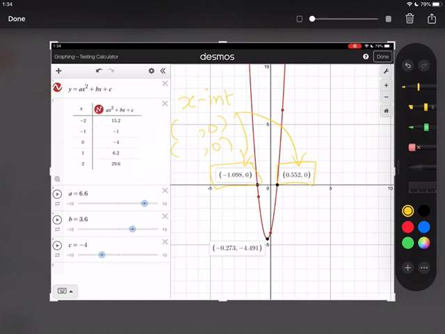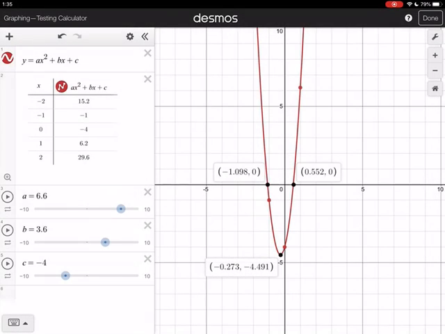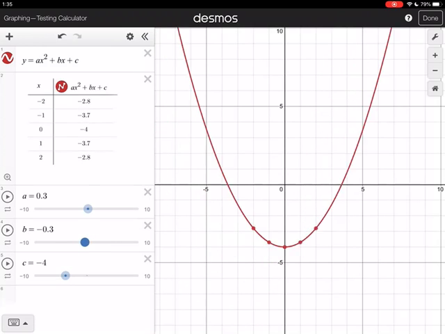And usually when we talk about x-intercepts, depending on where your graph is sitting on your Cartesian plane, on your grid, it may have 2 x-intercepts, like the graph we're seeing right now, it has 2. It may also just have 1 intercept.